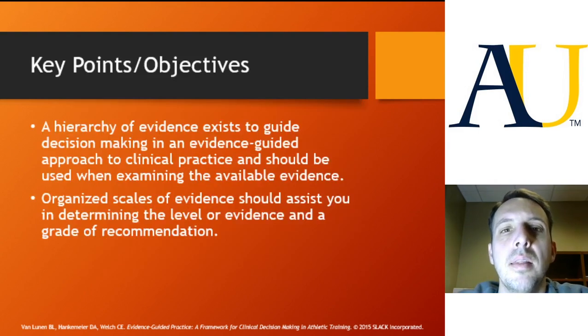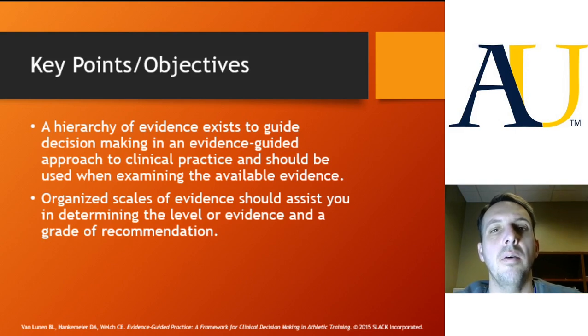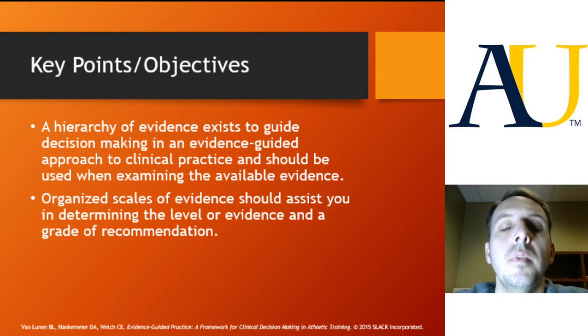So basically the point is to understand that there is a hierarchy that exists to help us understand these decisions, and from that, how we can go about utilizing those scales to help determine the level of evidence and the grade of recommendation.